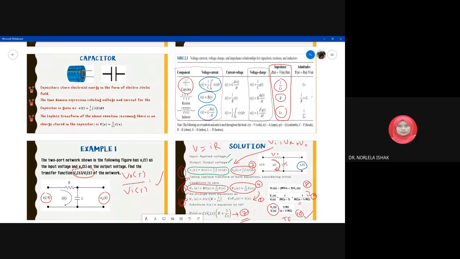Normally for electrical circuit analysis we will be dealing with these three components: capacitor, resistor, and inductor, in RLC, RC, or RL circuits.